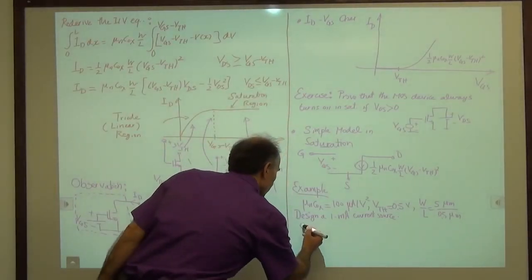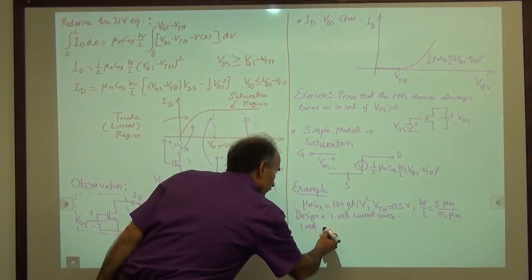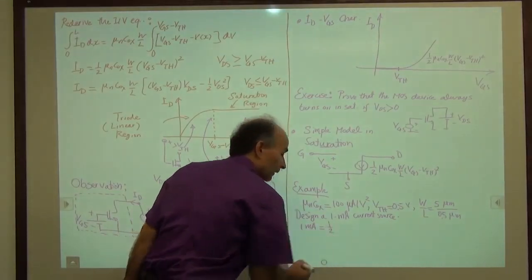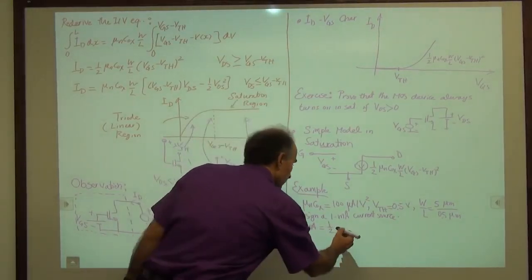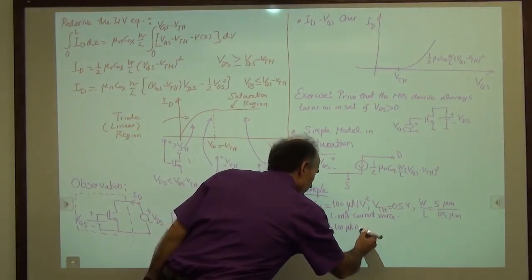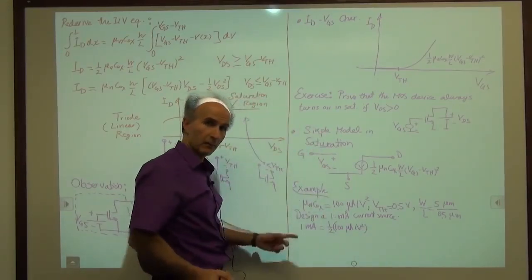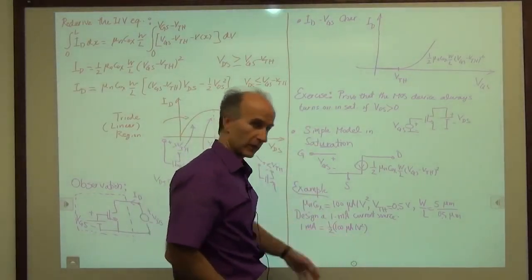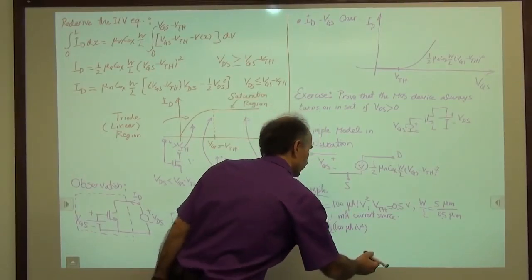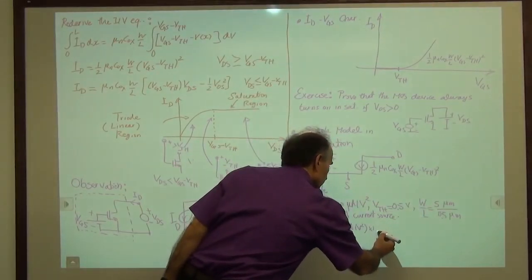We plug in all these numbers. So we have 1 milliamp. The drain current is equal to 1/2 of mu n C ox, 100 microamps per volt squared. Of course, we have to be very careful with our units. This is a milliamp, this is microamps per volt squared. Then we have W over L. So 5 over 0.5 is 10.